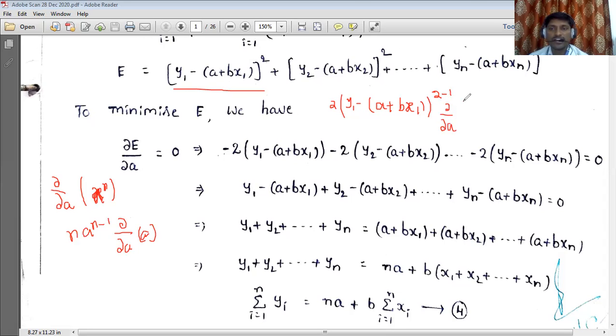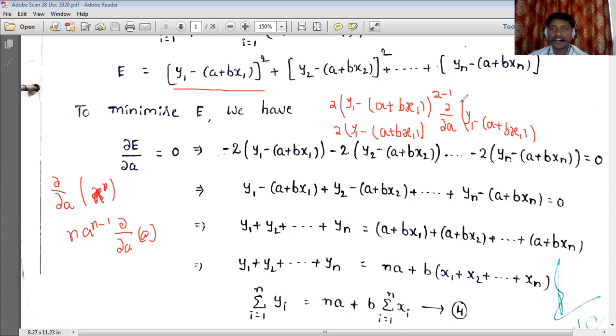So dou by dou a of y1 minus of a plus bx1. So 2 into y1 minus of a plus bx1, there is no change in that, and the whole power 2 minus 1 is nothing but 1.